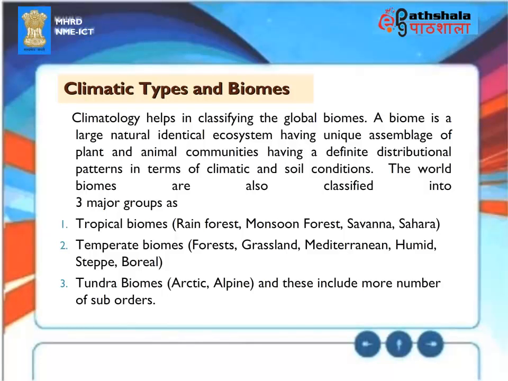The world's biomes are also classified into three major groups: tropical biomes, rainforest, monsoon forest, savanna, Sahara; temperate biomes, forests, grassland, Mediterranean, humid, steppe, boreal; and tundra biomes, Arctic, alpine. These include a larger number of suborders.